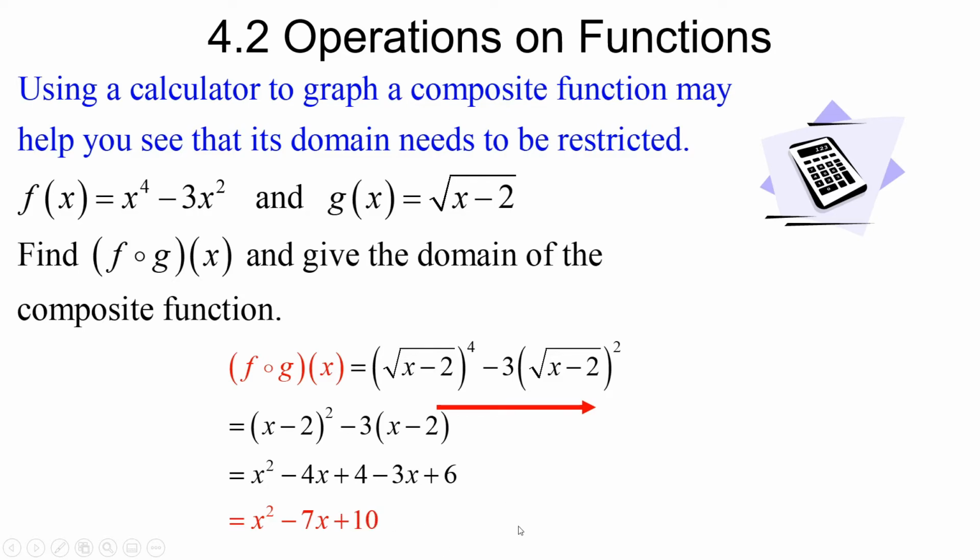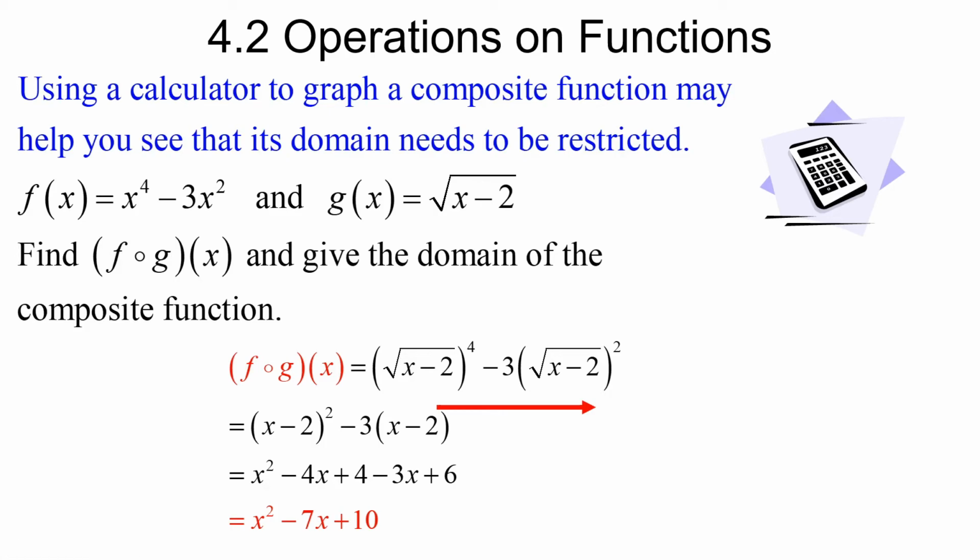Okay, there it is. But now we have to be aware, is there a domain restriction? If I look at my simplified expression for the composite f composed with g of x, I see a parabola which would be defined for all real numbers. So I'm thinking I'm good to go.